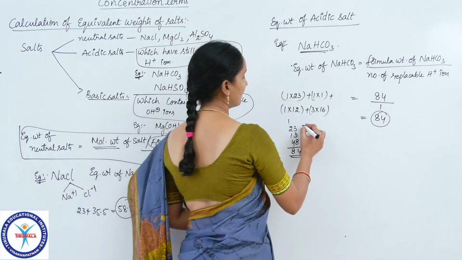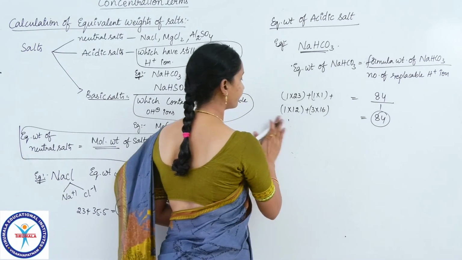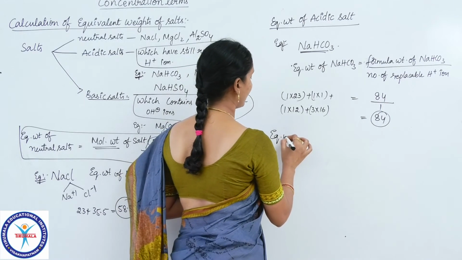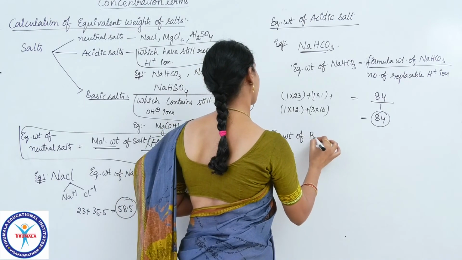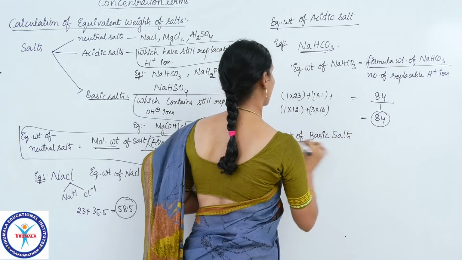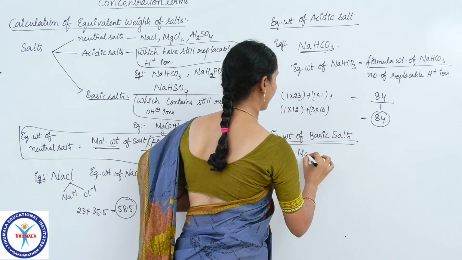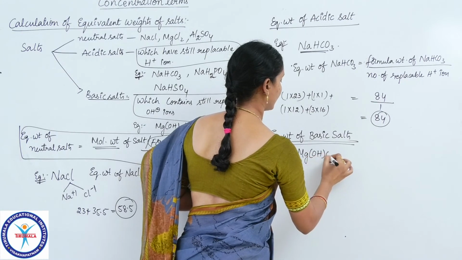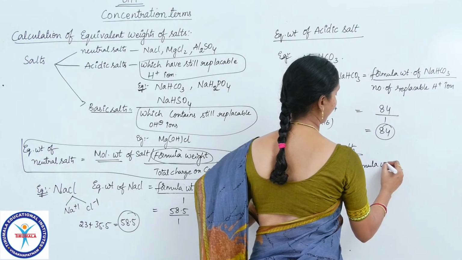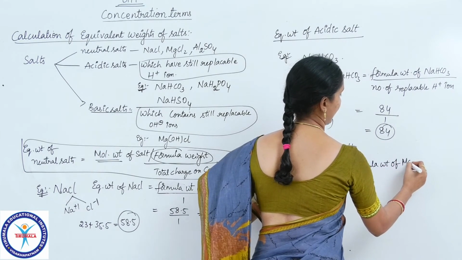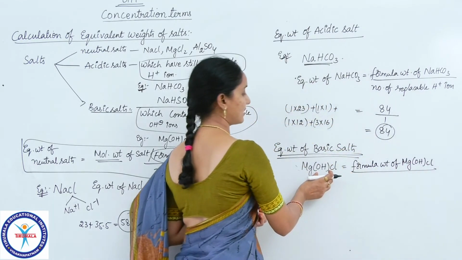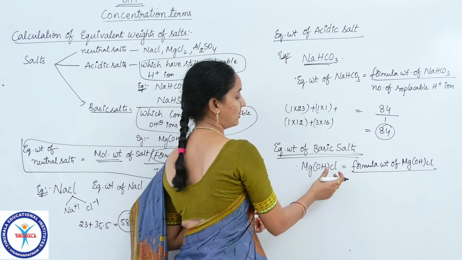Now let us calculate the equivalent weight of basic salts. We have taken the example of MgOHCl. For this you will calculate the formula weight of MgOHCl upon how many OH it has to replace or donate, children? 1.